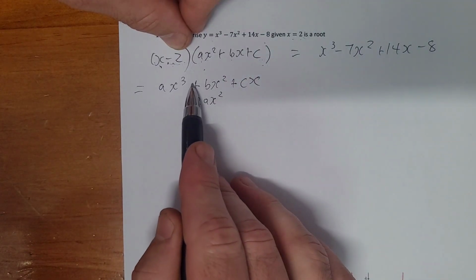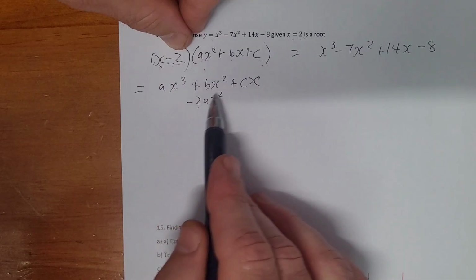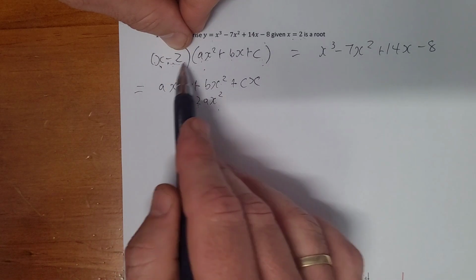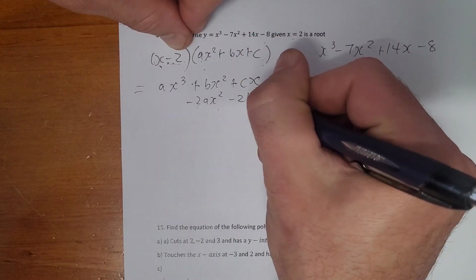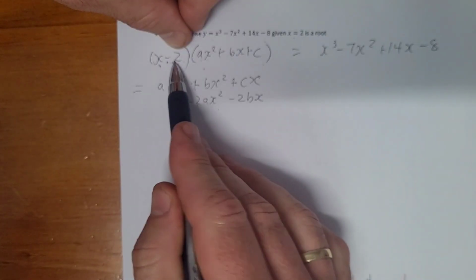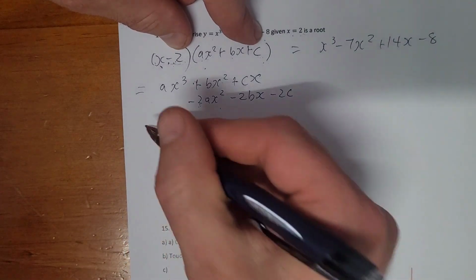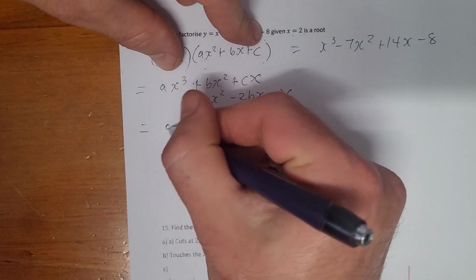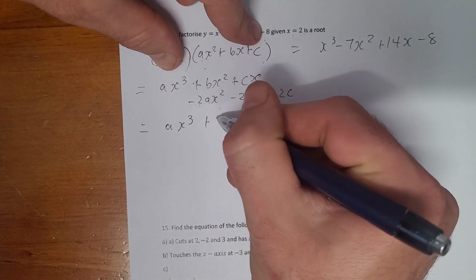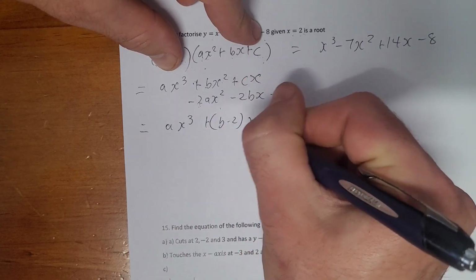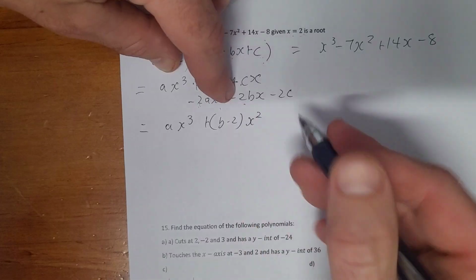I say it's staggered because I'm writing it underneath this one, because they're both x squared terms. Then we'll do minus 2 times bx. That's going to be minus 2bx. And then we'll have minus 2 times c. That'll be minus 2c. We'll collect these together. And what it becomes is ax to the 3, we have b take away 2a, that's times the x squared term, and c take away 2b.